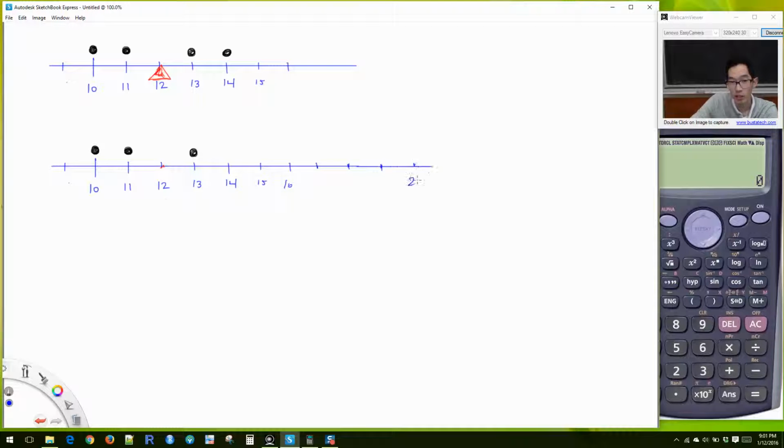Now our oldest kid is at 20, so we have 10, 11, 13, and 20.